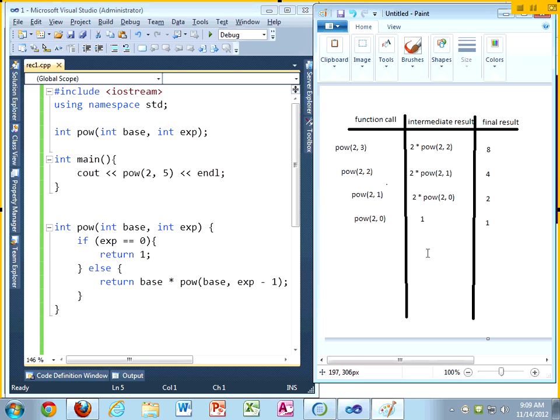So I want to show you another way of analyzing the power function. And what we're going to do is actually draw pictures of what's going on inside the computer.